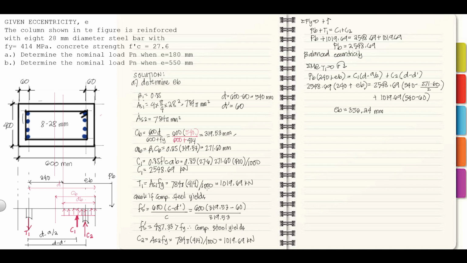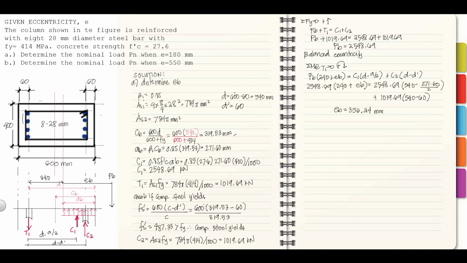So next, solve natin yung C2. But we need to check if the compression steel yields. Okay? So Fs prime, that is equal to 600 times the quantity C minus D prime all over C. Okay? So ang C natin will be the CB, the value of CB. And D prime is 60.